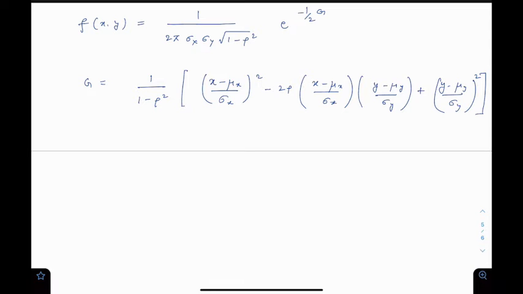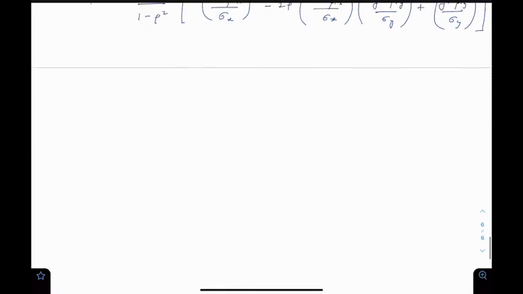Let's say if we look at g equals 1, you can get an ellipse with extreme values at mu x plus minus sigma x, mu y plus minus sigma y. So let's make a schematic drawing of this for better illustration.